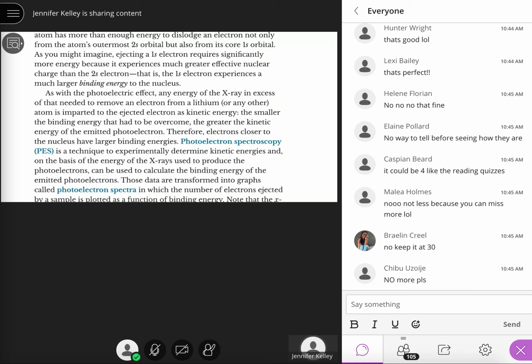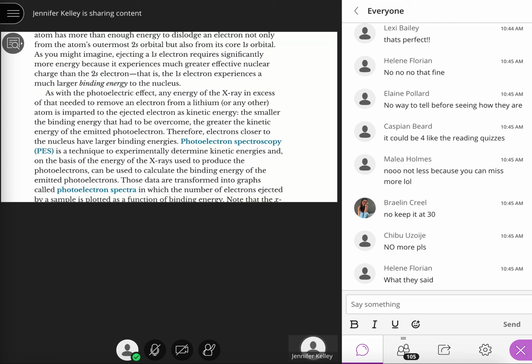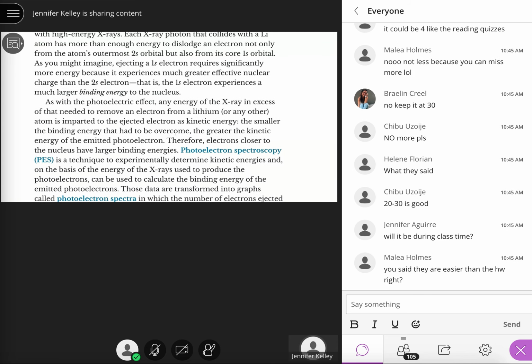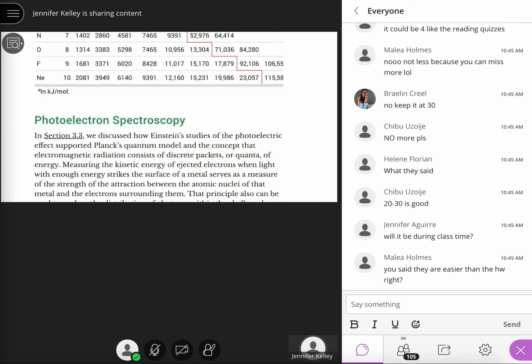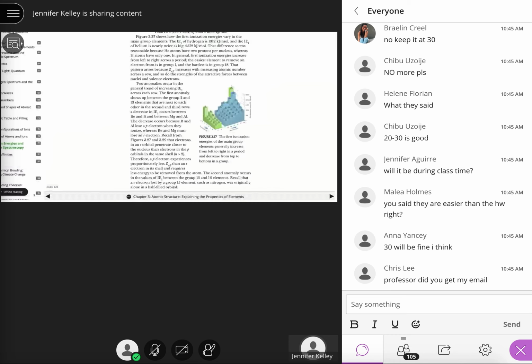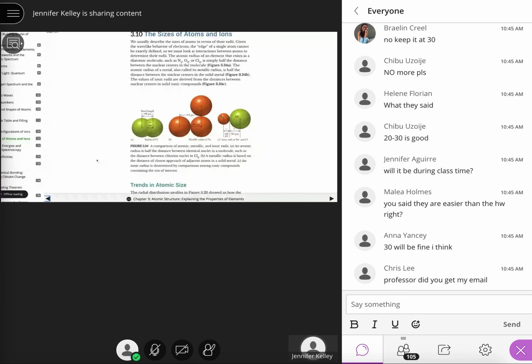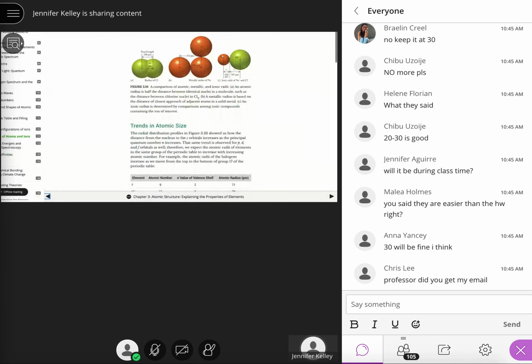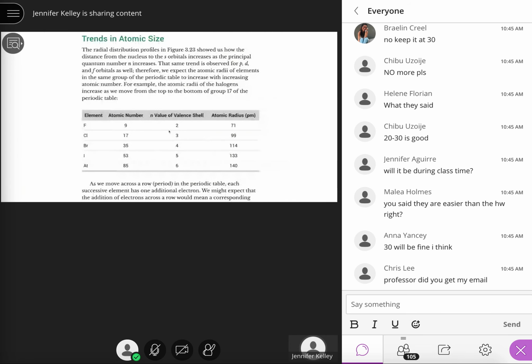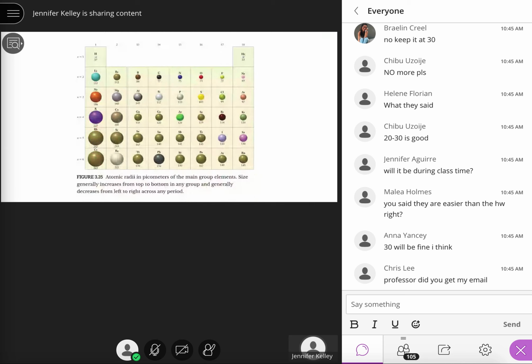All right. So I want to go back to the textbook. And I'm going to go back one section to section 3.10. This is where it was showing the trends in atomic size. So this is what we were going over on Friday.